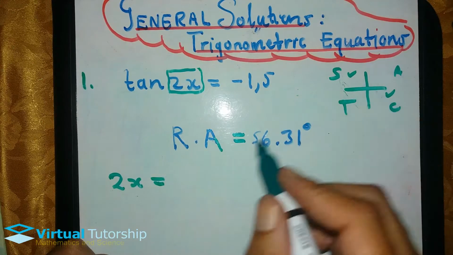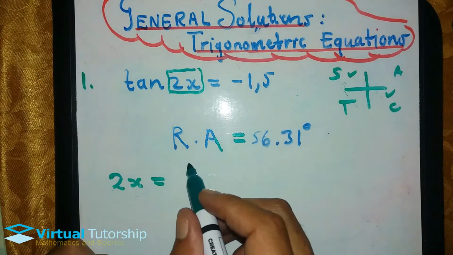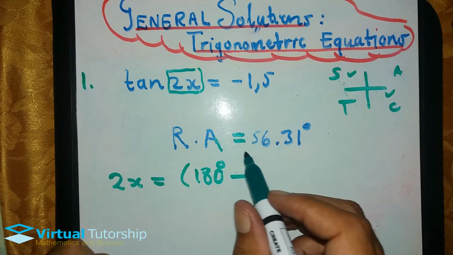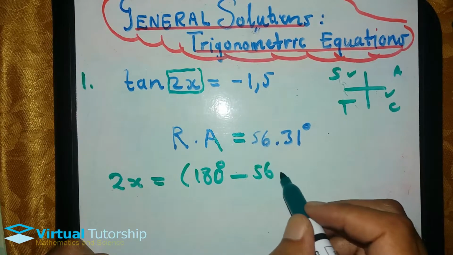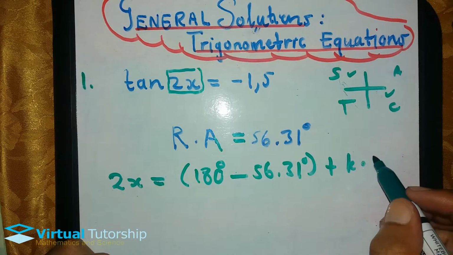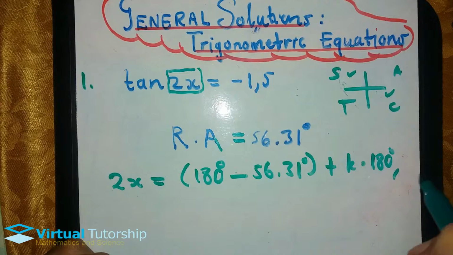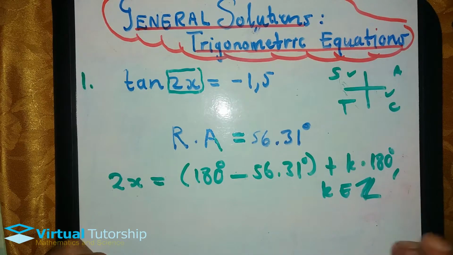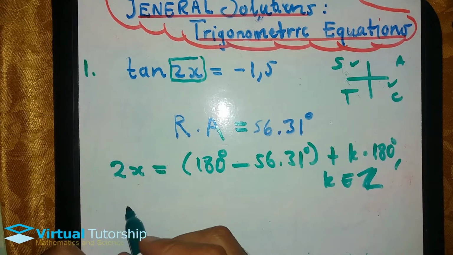So bheka, in the second quadrant sithola ubani 180 degrees minus the reference angle plus k times 180 degrees. 180 degrees is what? Is the period for a tan graph.